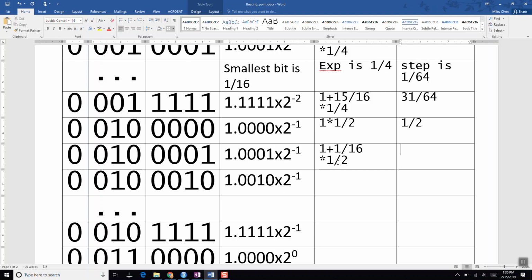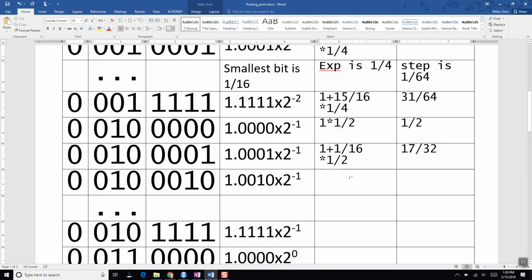What is this equal to? 1 is 16/16, so I have 17/32. Is that all right? I'm not trying to stump you guys here.